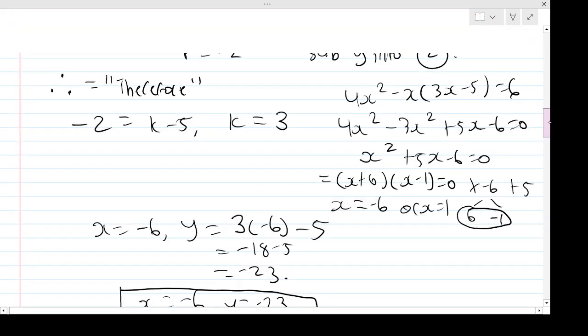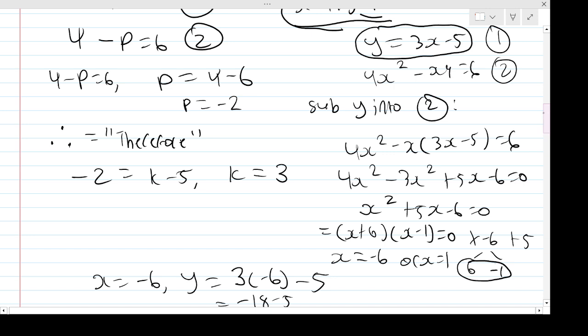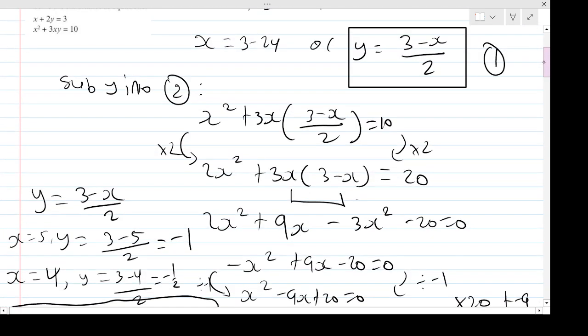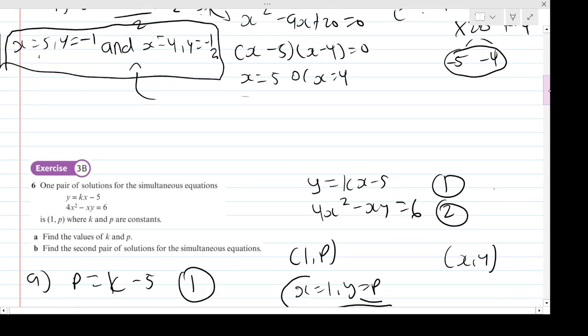In the other two examples, the quadratic we got, which was here, the discriminant would be greater than 0, so that gives two distinct solutions. Same way here, when we got this quadratic here to solve for x, that discriminant, if we work it out, would be greater than 0, so that would also give two distinct solutions, therefore two distinct pairs of solutions.